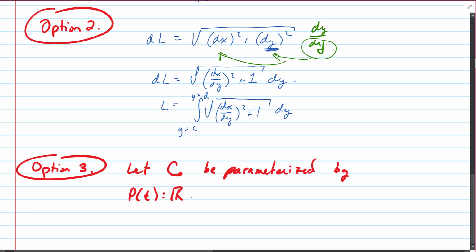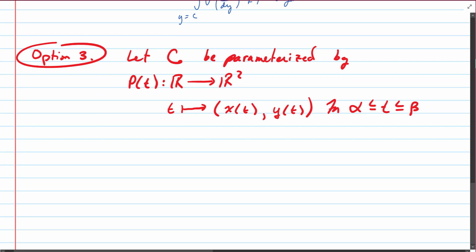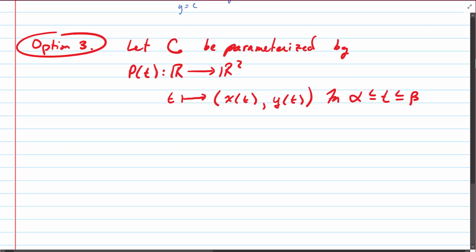P of t takes the real number t and maps it somewhere into the xy plane, and it'll do so by assigning 2 coordinates to it, where the first coordinate is some function of time and the second coordinate is some function of time, and usually I'm going to restrict this to alpha to beta, so time is some value in between these 2 endpoints.